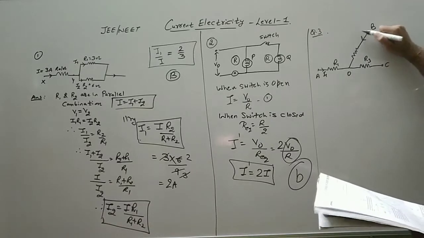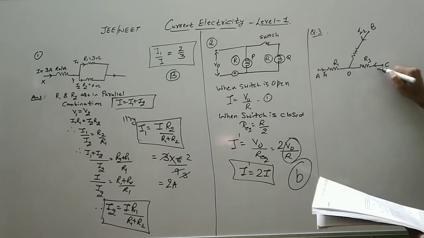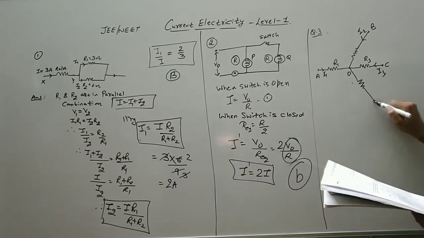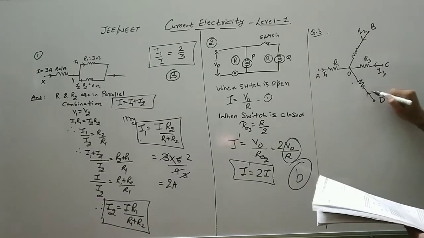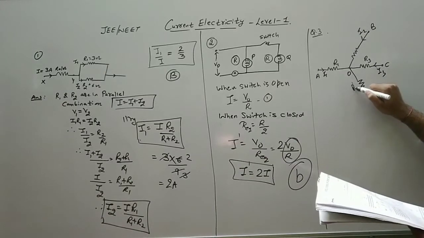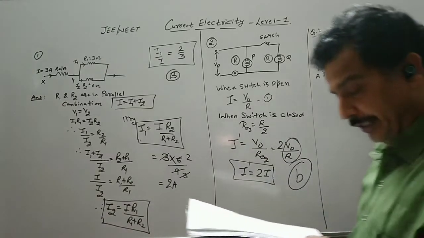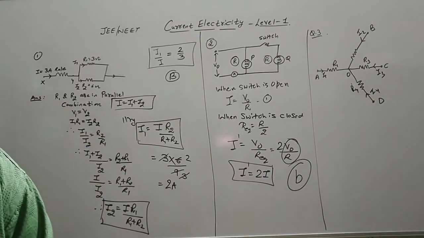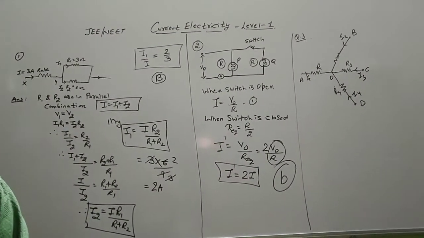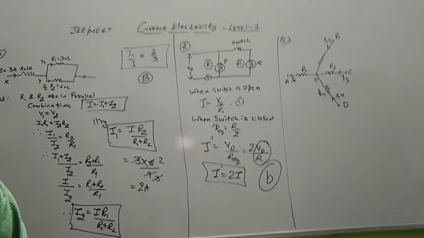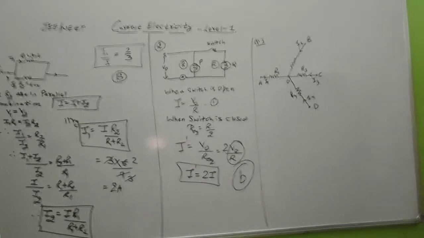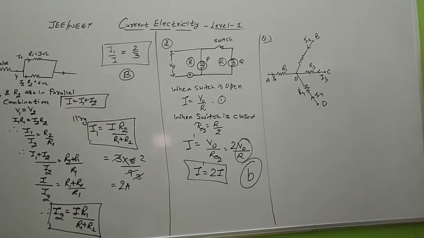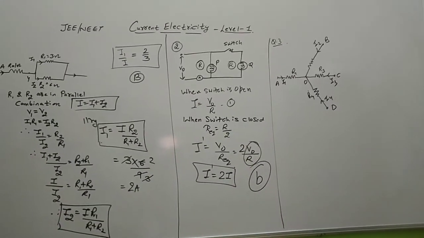The current is coming to this point I2, I3, and the fourth arm is D. This is I4. Let the resistance be R4. So this is the diagram which is given to us, and we have to find out the potential at the junction O, or the junction 0.